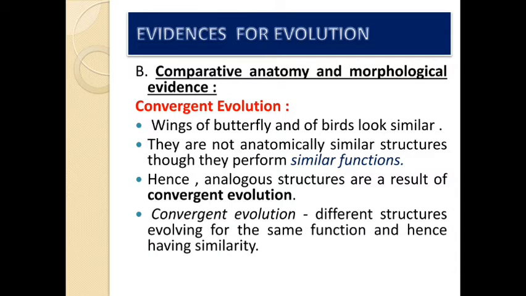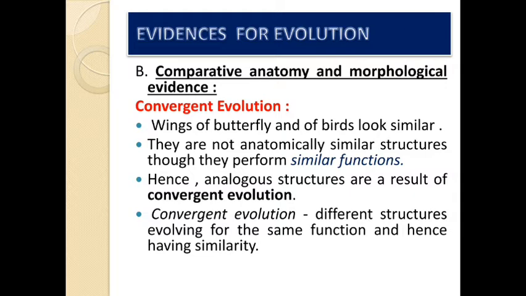So what does convergent evolution mean? Different structures evolving for the same function. So structures are different but they are evolving for the same function and hence having similarity. When we see a butterfly flying or a bird flying, we see that both are flying, having the same function, but their structures are different.